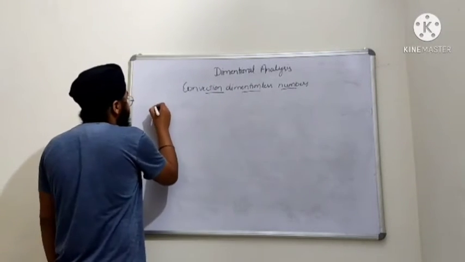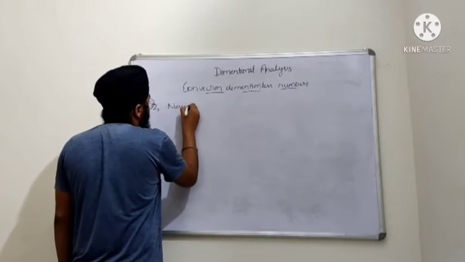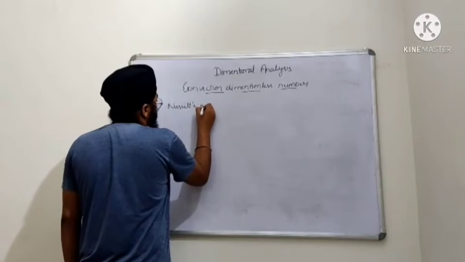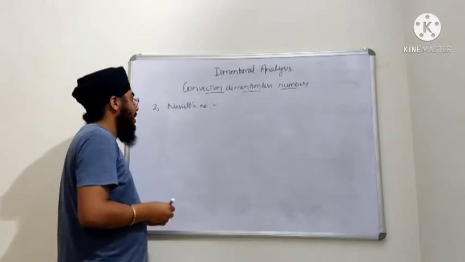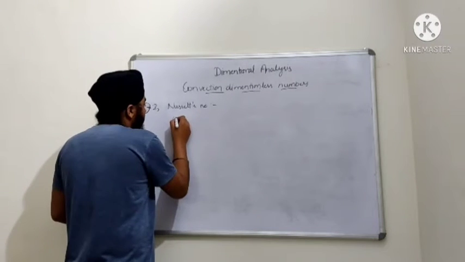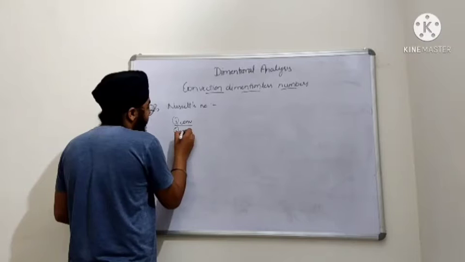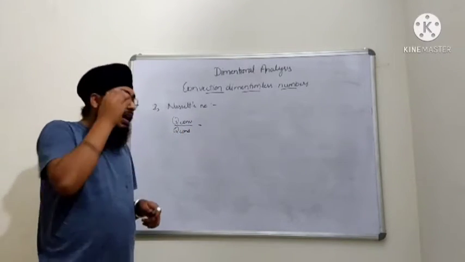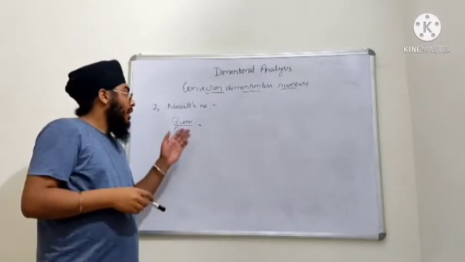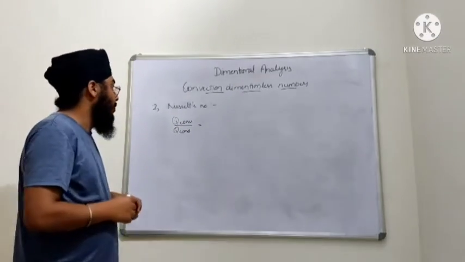Now the next number is Nusselt's number. The Nusselt number is defined as the ratio of convective heat transfer and conductive heat transfer. We know the convective heat transfer is determined by the governing law of Newton's law of cooling.